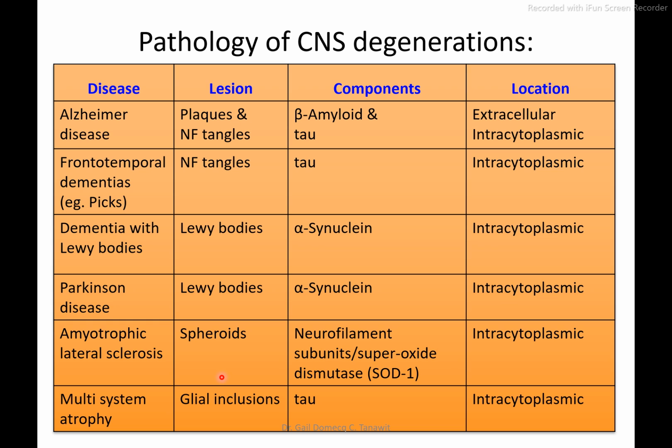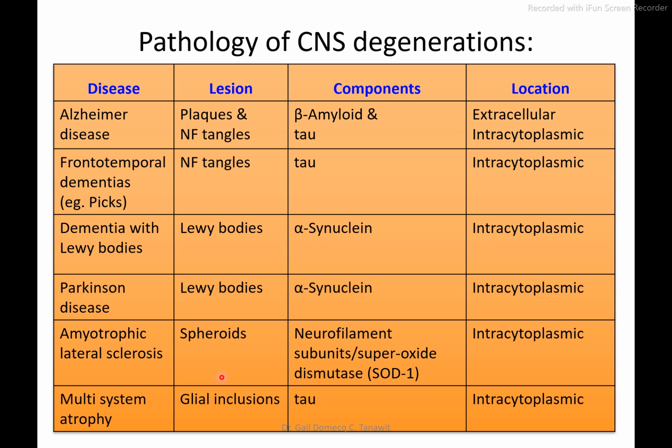For ALS, amyotrophic lateral sclerosis, there will be spheroids, neurofilaments composed of subunits of NF and superoxide dismutase, also intracytoplasmic. In multi-system atrophy, glial inclusions made of tau proteins, also intracytoplasmic.